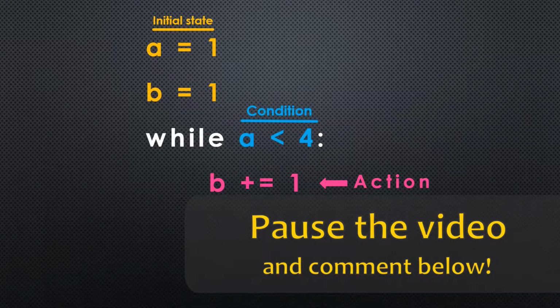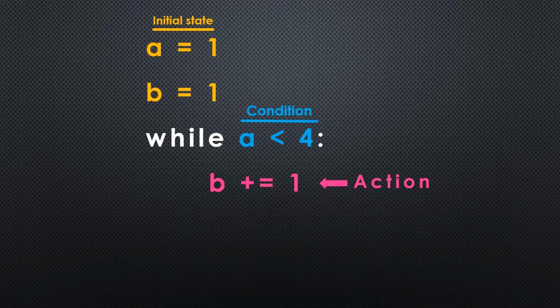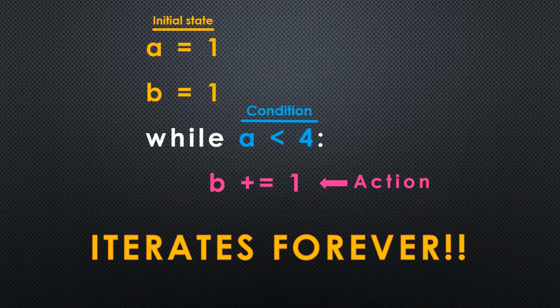For those of you who haven't spotted it, just think about what's actually happening here. At each iteration, the variable b will become greater by 1. But the variable a will always be equal to 1. In other words, the condition will always be met, and therefore this while loop will iterate forever.